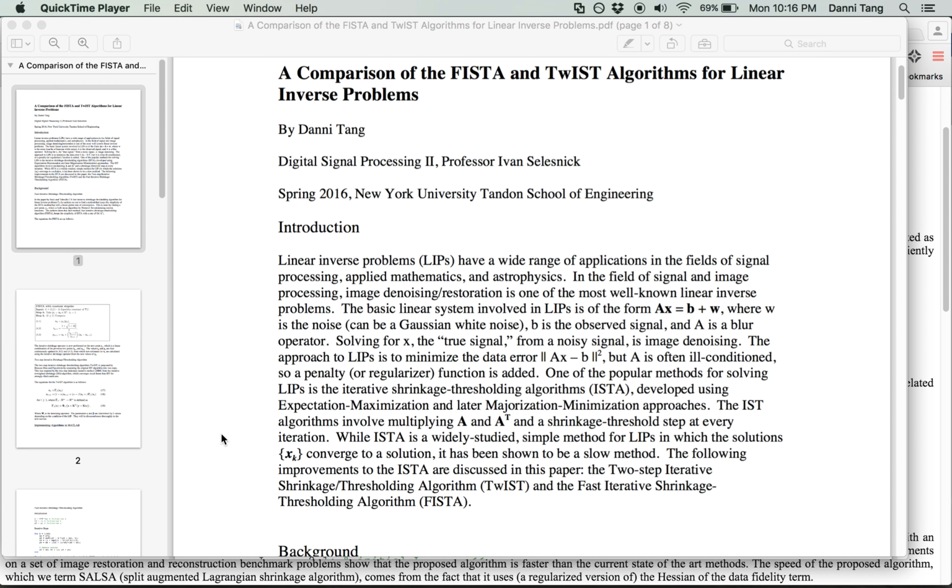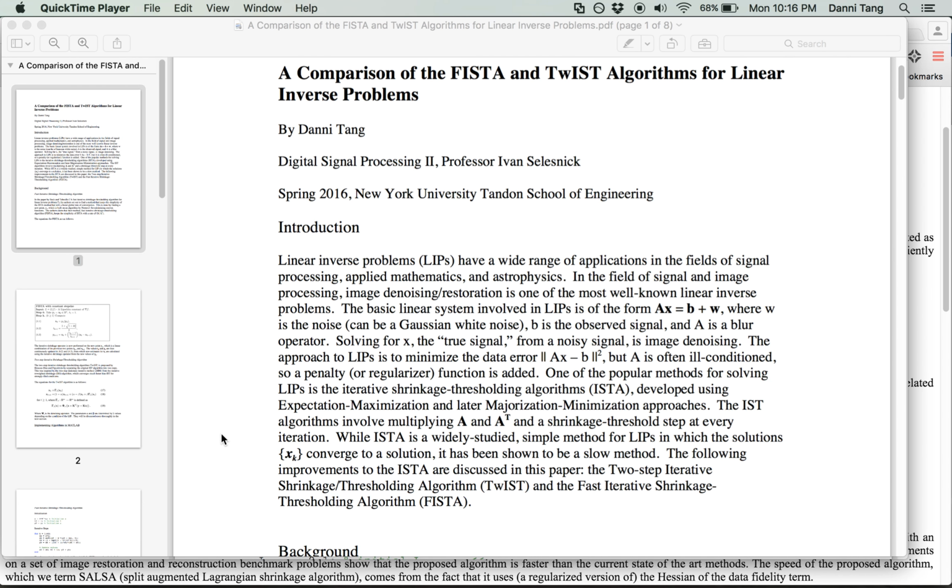And because this is a really complex process, we want to use something called the iterative shrinkage thresholding algorithm, which was developed using EM and then later MM approaches. And because the ISTA method is pretty slow and converges slowly, people have made improvements to the algorithms.